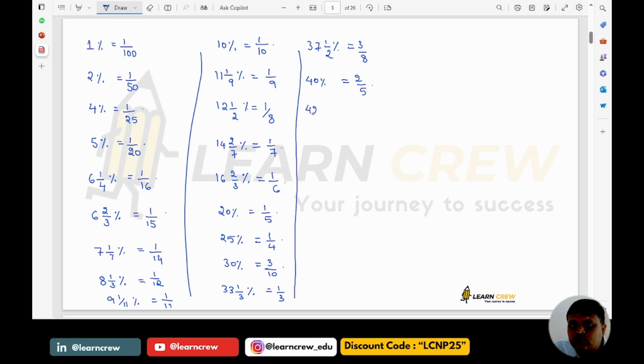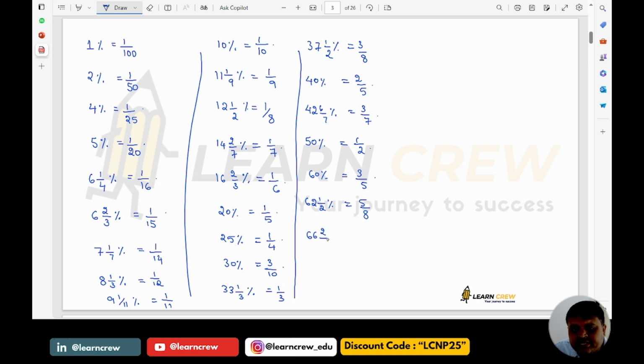And 42 6 by 7%, which is 3 by 7. 50%, 50 by 100, which is 1 by 2. 60%, which is 3 by 5. 62.5%, which is 5 by 8.